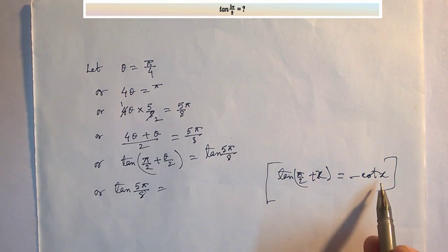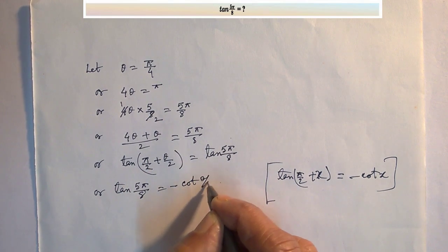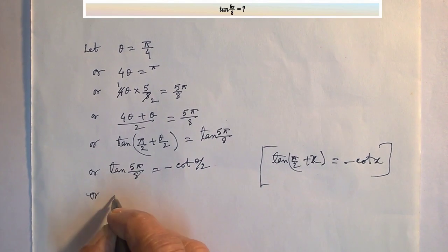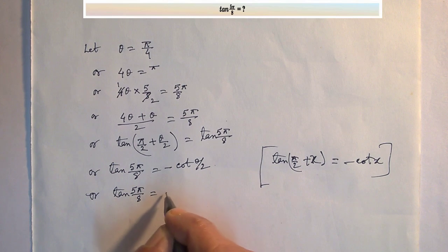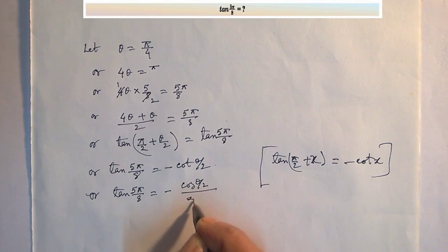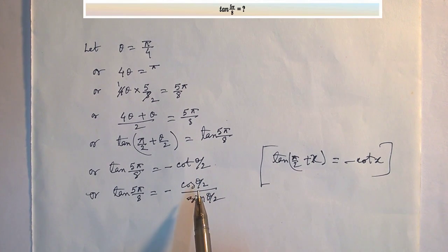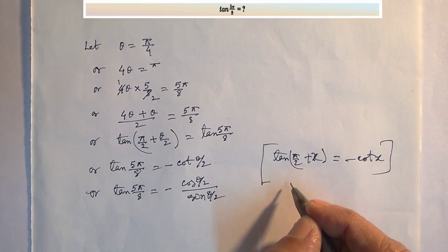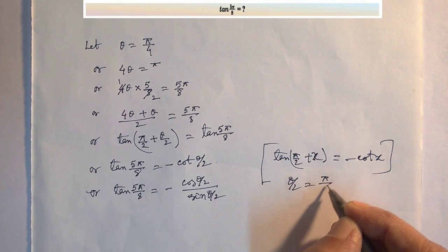That means using this formula we can write minus cot of theta by 2, or tan 5 pi by 8 is equal to minus cos theta by 2 by sin theta by 2. See here, theta means pi by 4, theta by 2 means pi by 4 by 2, pi by 8.